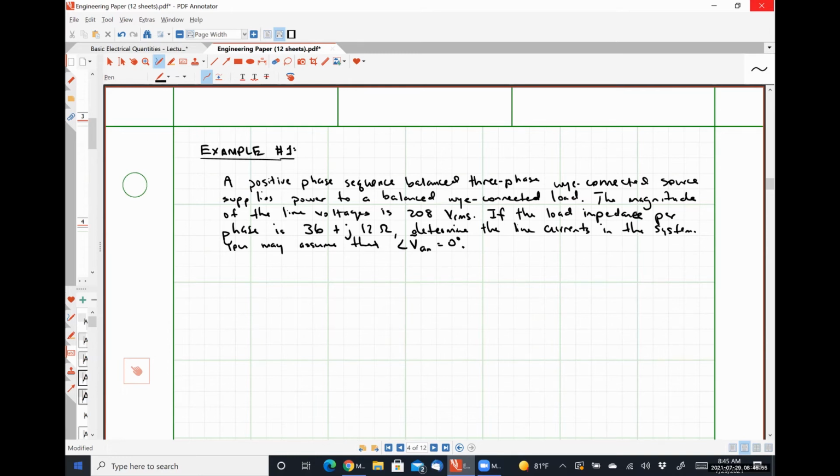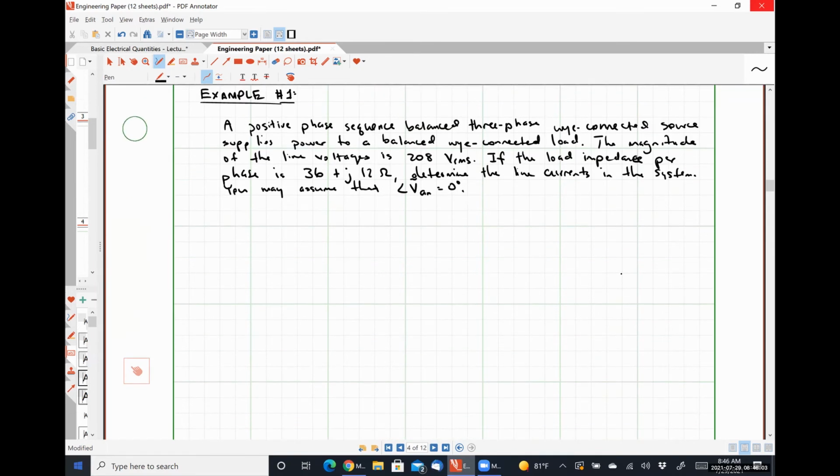Okay, so we have a Y-connected source and we have a Y-connected load. So I'm going to draw a simple YY system, right? So here's my voltage VAN. Here's my voltage VBN.